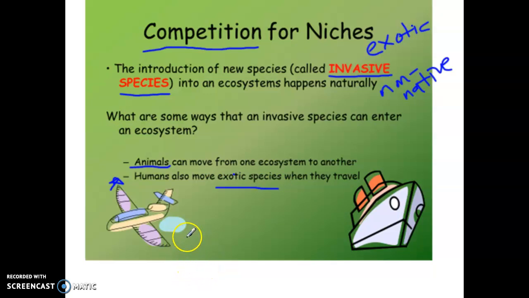For example, in the lower part of the ship, you can have things attaching themselves to the bottom of the ship, like a mussel or different types of crustaceans. They can go onto the inside of an airplane compartment or somebody's luggage, or maybe somebody actually brings the animals or whatever the species is with them, with or without knowing it.